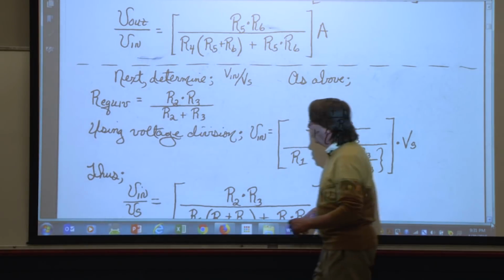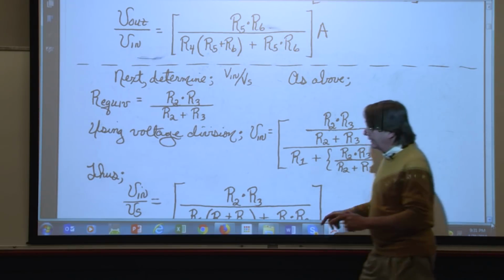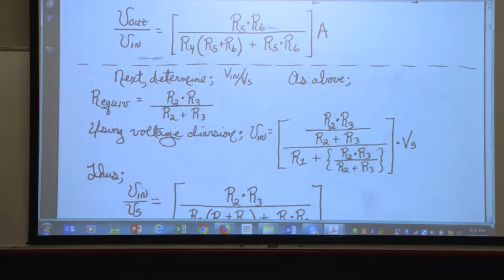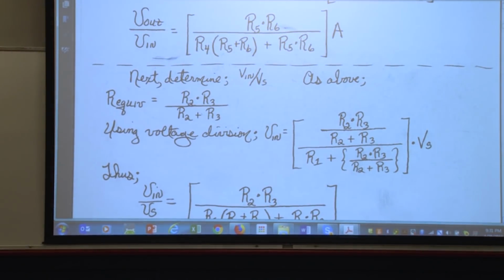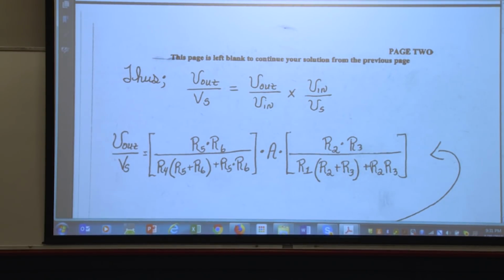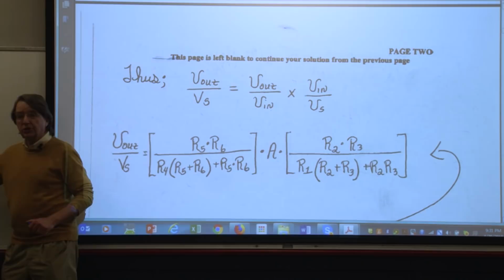So I get the bottom equation there as product over the sum for R equivalent, again using voltage division. I get this relationship here, Req left over R1 plus Req left times Vs. And I now have an expression for V in over Vs. What we can now do is just multiply those two expressions together, or you can just substitute it in.